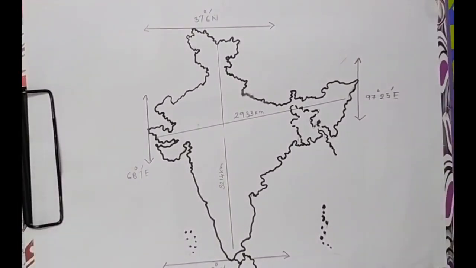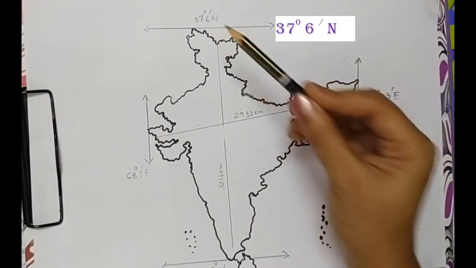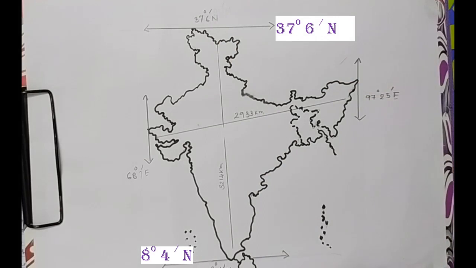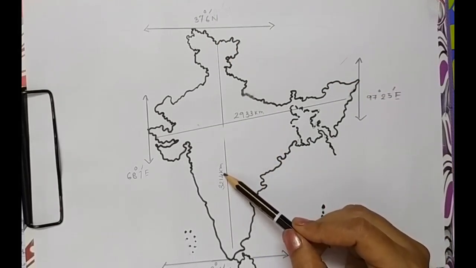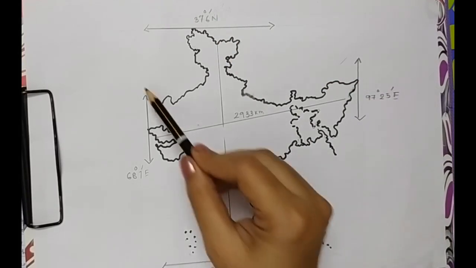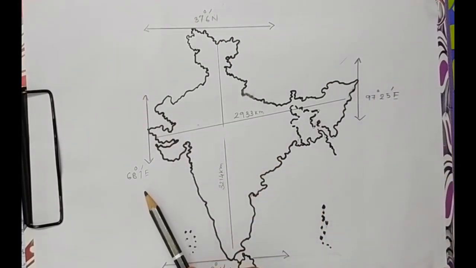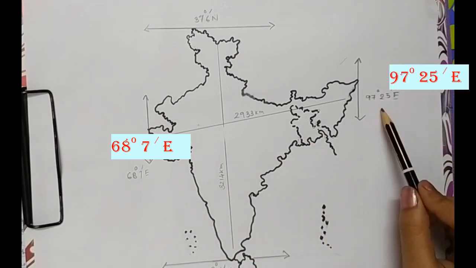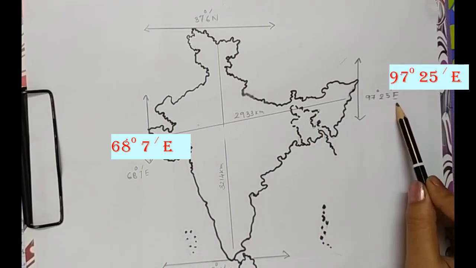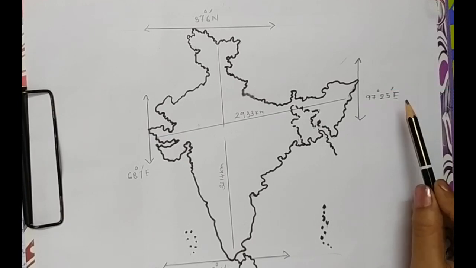India's latitudinal extension is 37 degree 6 minute north to 8 degree 4 minute north, that is 3214 kilometer. And the longitudinal means the vertical line. From Gujarat, 68 degree 7 minute east, to 97 degree 25 minute east is the longitudinal extension of the Indian mainland. Got it?